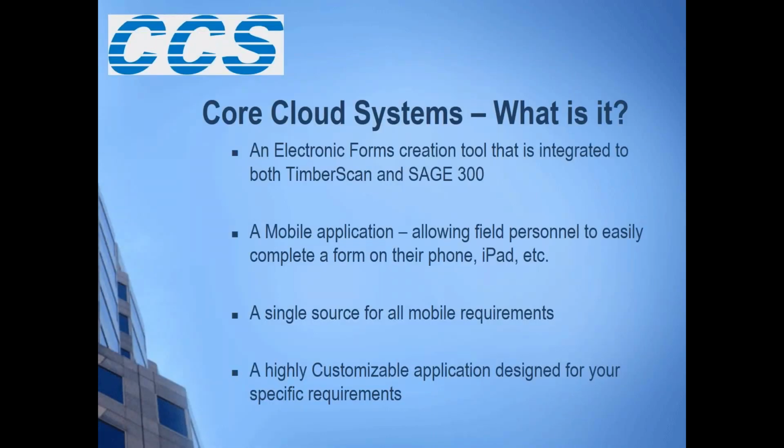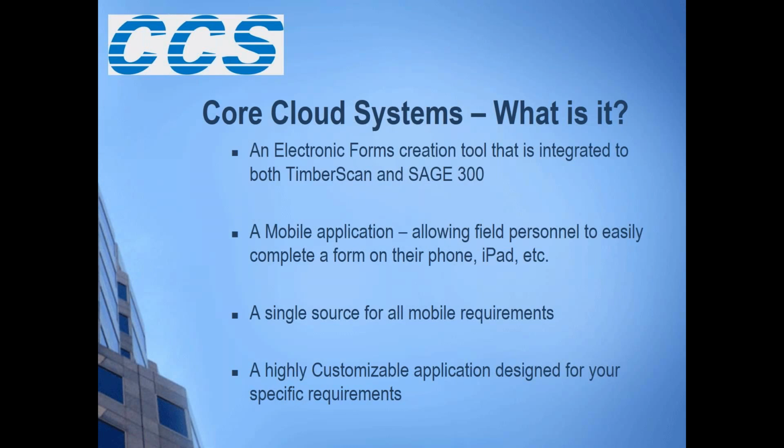Basically, core cloud systems started out as an electronic forms creation tool. But one of the key aspects of that is that it is integrated with both TimberScan and Sage 300. So think of it this way. There are a number of different apps, for example, that you might be able to go to the App Store and download that might address a certain aspect of your business.